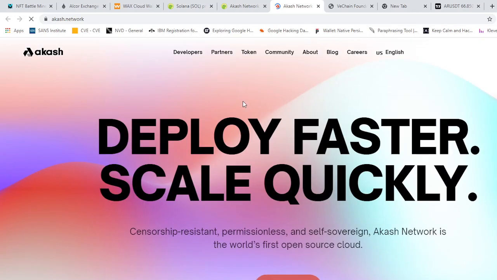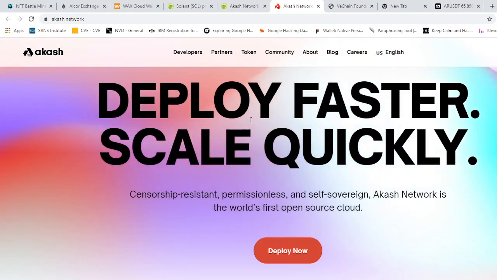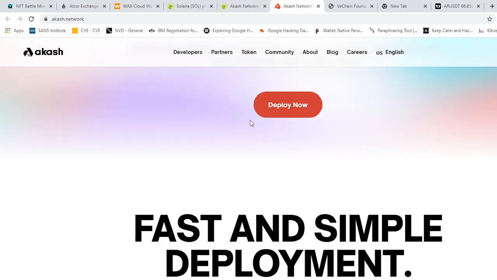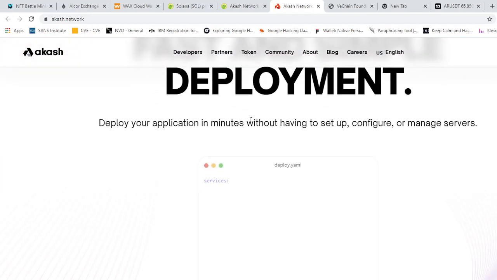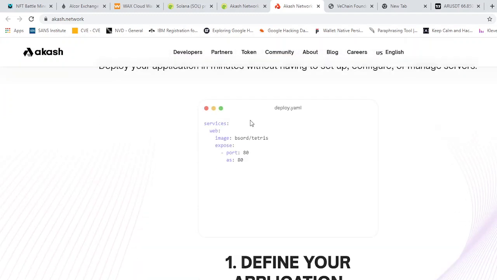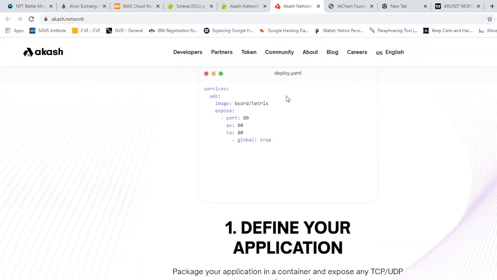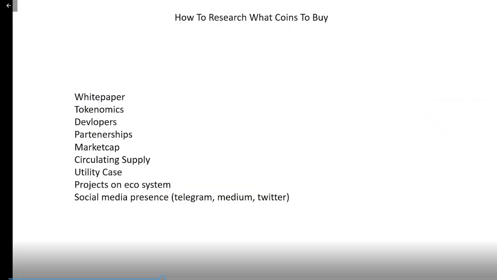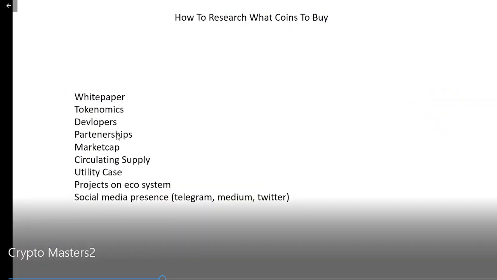See what this coin is. It's an open source, decentralized cloud storage network, web services. So this would be a good coin to invest in. It's $2.38.